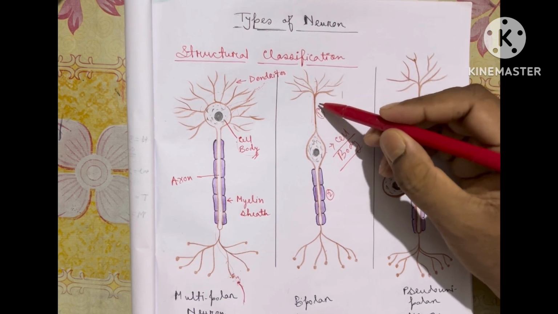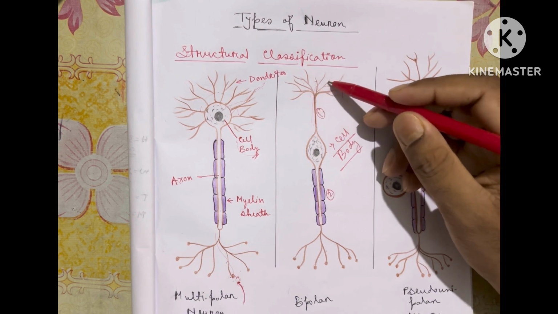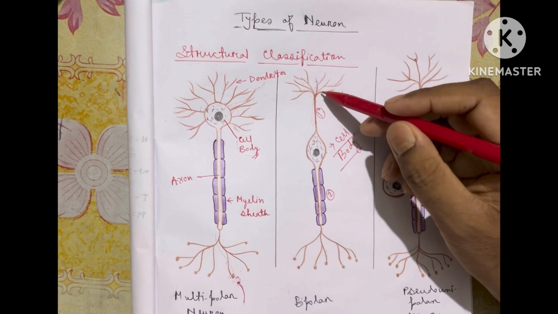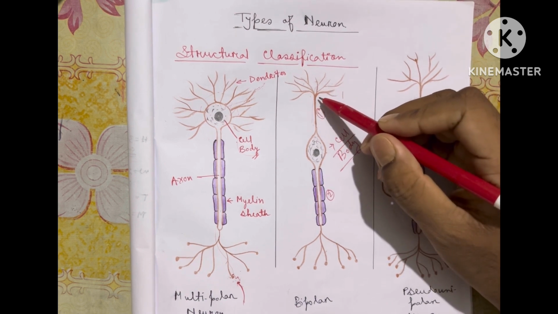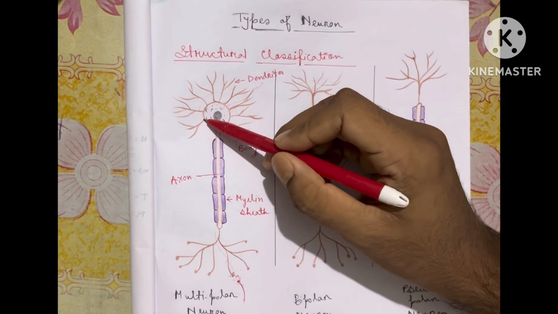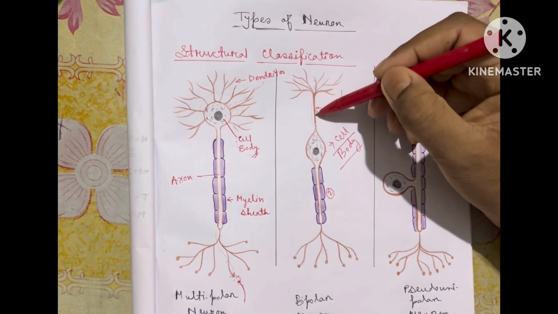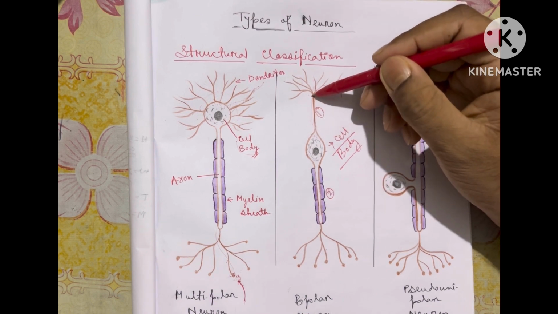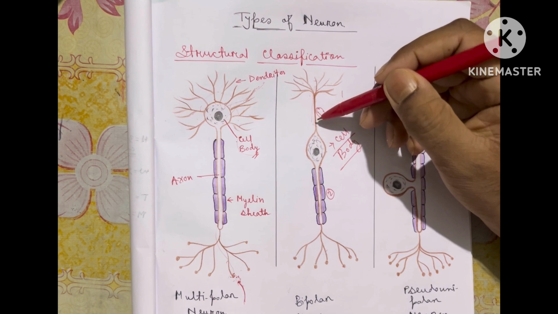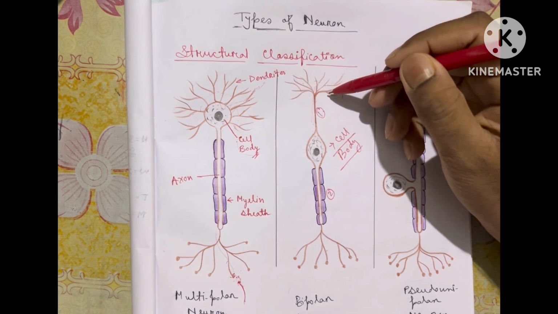So we are not going to consider them as different types of neurons. We are going to call it only one single extension. As here you can see lots of dendritic extensions will be there, but here only one single dendritic extension will be there, and this single dendritic extension is formed by the combination of different dendrites.